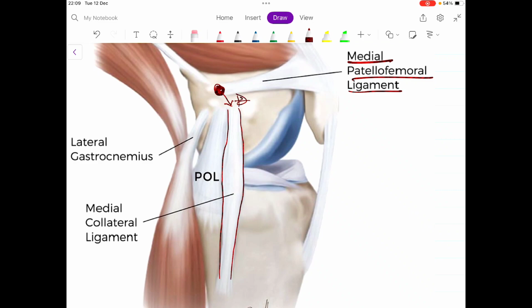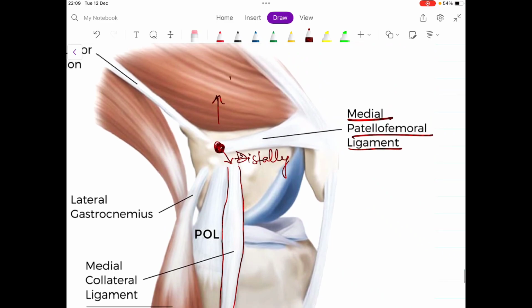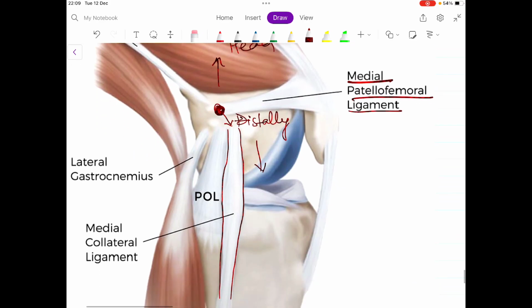It is placed distally because it is away from your head, because the head is in the upward direction and away from the head means in the downward direction, that means distally, and if you go above, that means proximally. So this is why we use proximally for the femur and distally for the tibia.